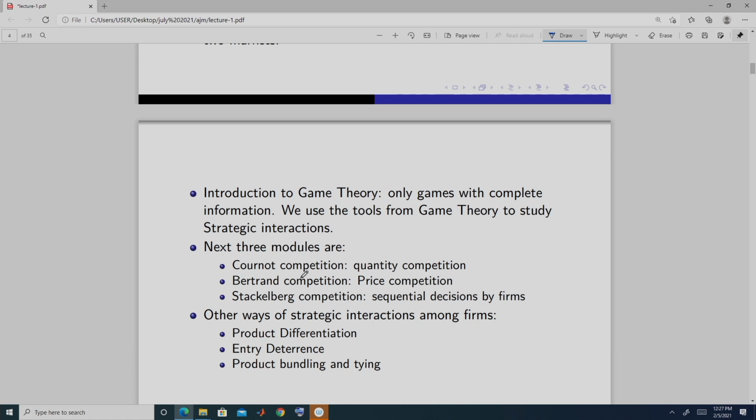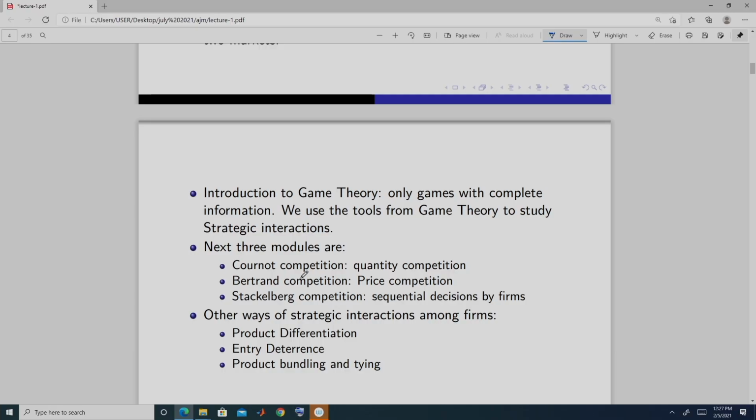Like firm 1 moves first, decides first on the quantity, and then firm 2 decides on the amount of quantity it is going to produce. Or first firm 1 decides on the price, and after observing that, firm 2 decides how much price to set. So this is going to be Stackelberg competition, and we will study it.